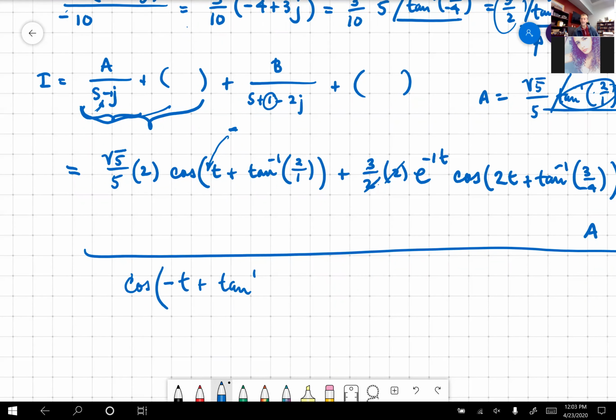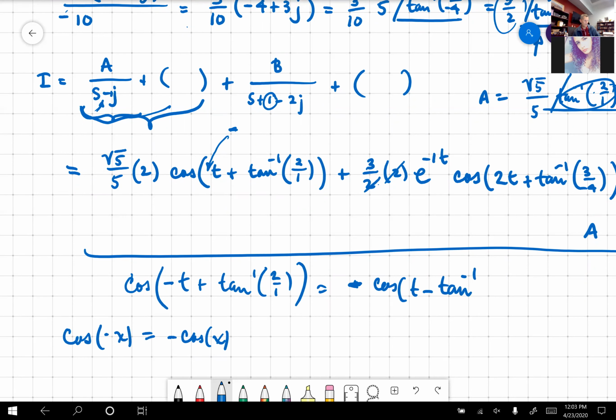The beautiful part about that is we know this property. We know that the cosine of minus x equals the cosine of x. So what we can do is sort of clean that up a little bit. And the way we can clean it up is by saying this is equal to negative the cosine of t minus tan inverse of 2 over 1. So it's not an earth-shattering thing.